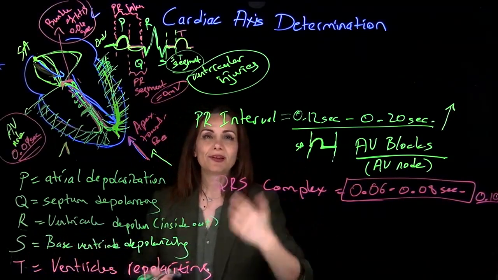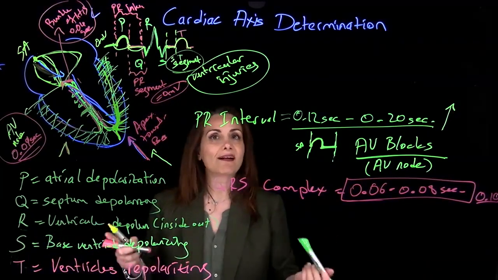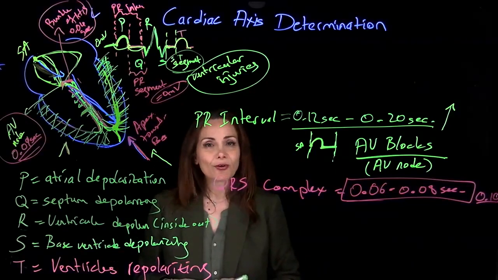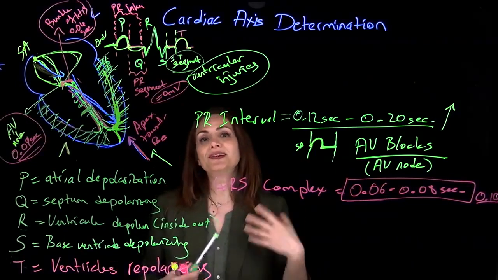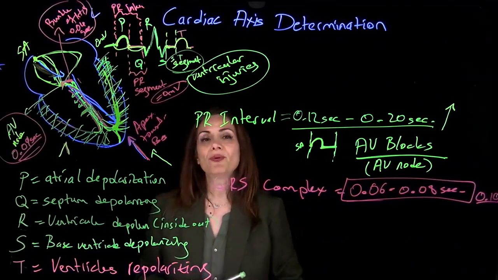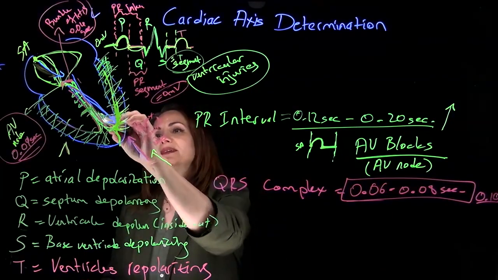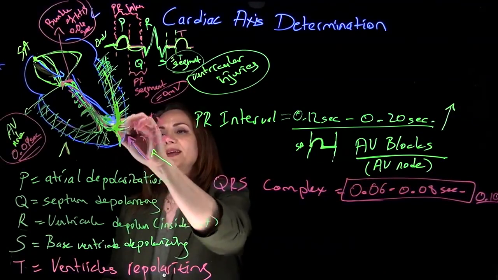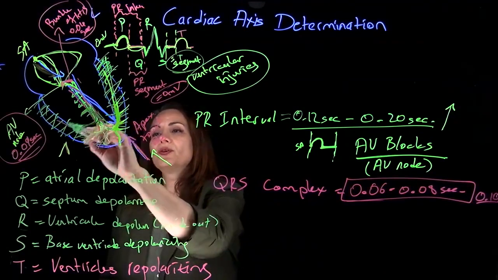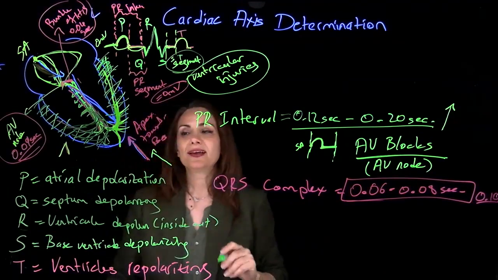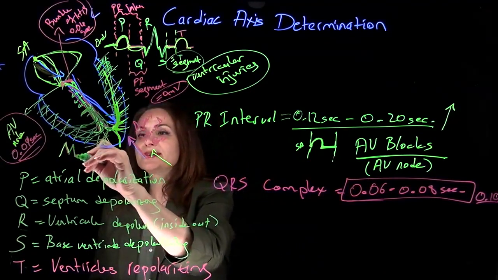If you have a blocked lane, like at a car accident or something, will you never go home? Of course you will go home. You will find a detour and you'll make it home with a delay. So that's what this side will do. The right side will find a detour to go to the right ventricle, and the right ventricle will depolarize maybe with a delay.